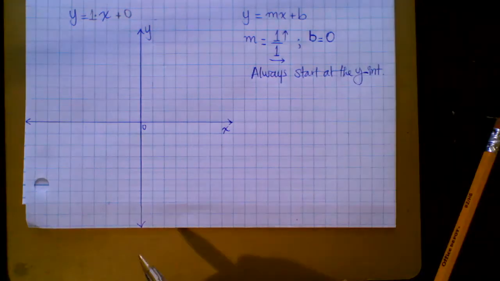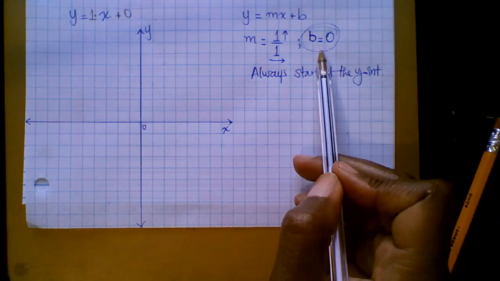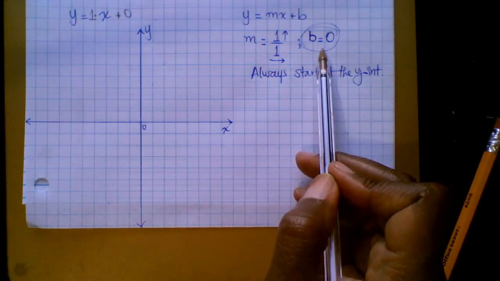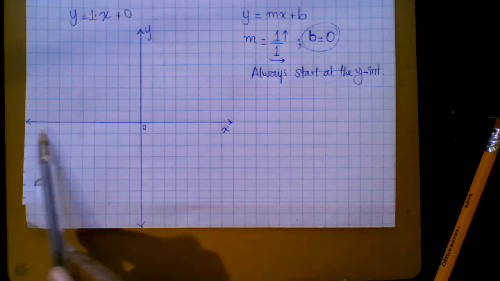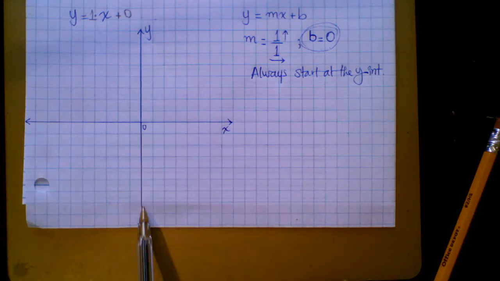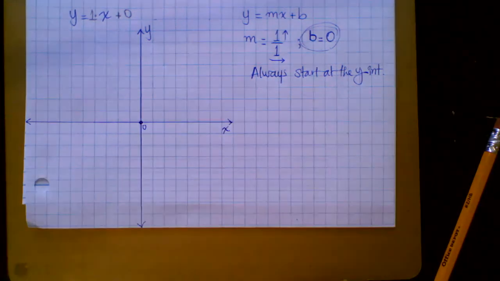B equals 0, so 0 is the y-intercept. You want to look on the y-axis, not on the x-axis, never. Identify 0, which is right here, and I place my dot at the center of the axes.